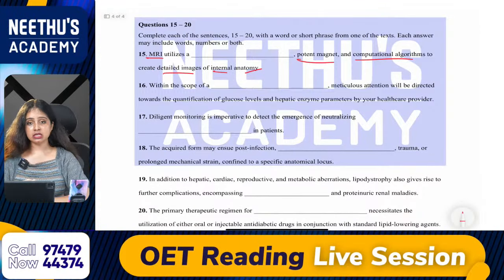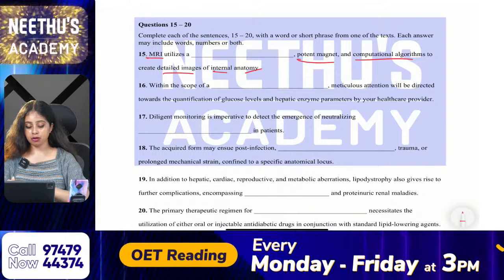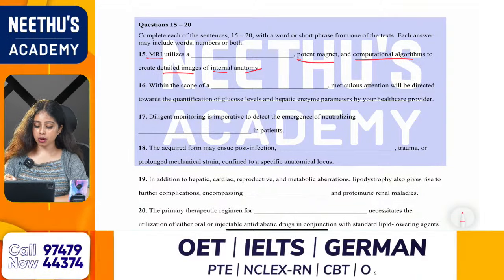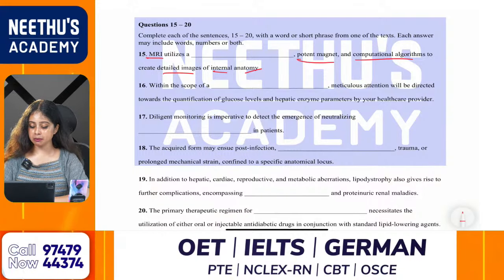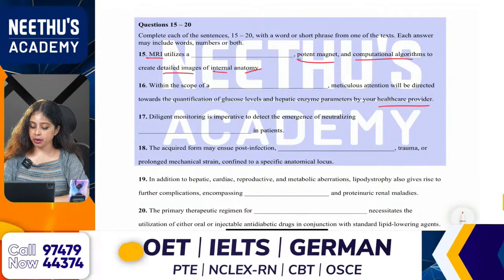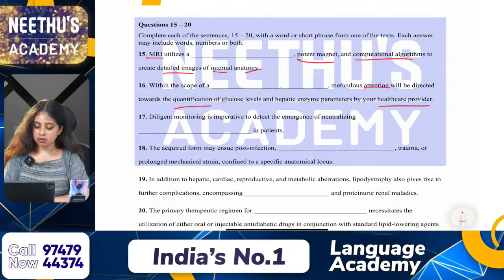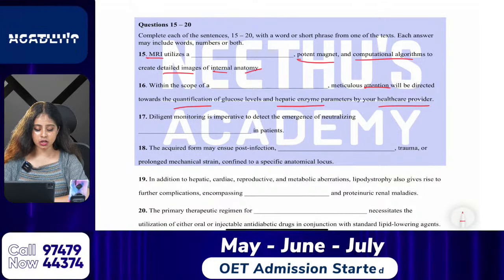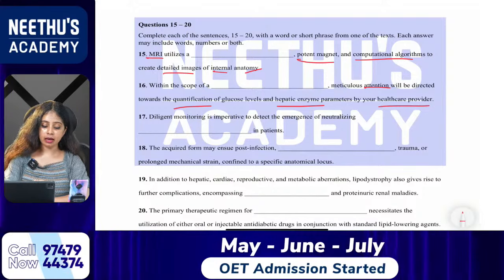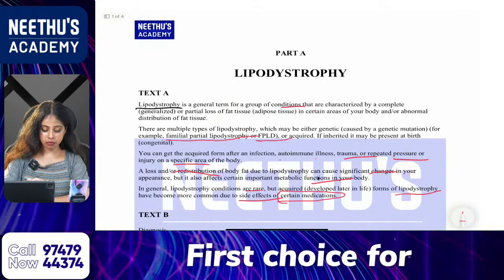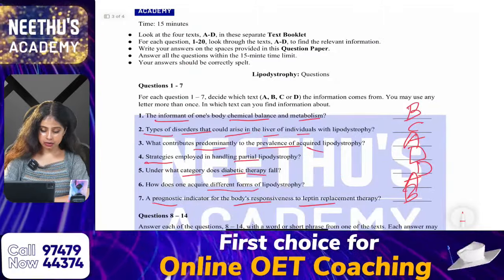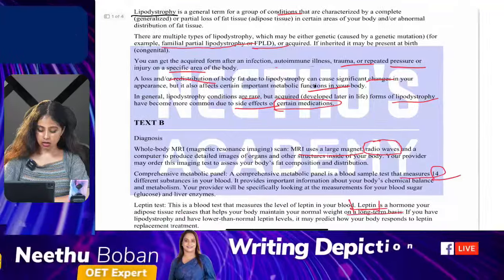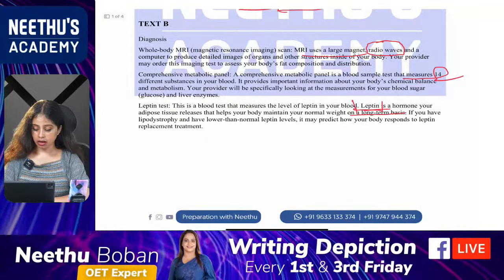Alright, the 16th one. Within the scope of a dash, meticulous attention will be directed towards the quantification of glucose levels and hepatic enzyme parameters by your healthcare provider. So what is the correct answer? Question number 16. Answer is comprehensive metabolic panel. That is from text B, in the second paragraph.